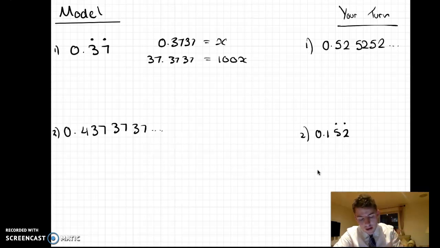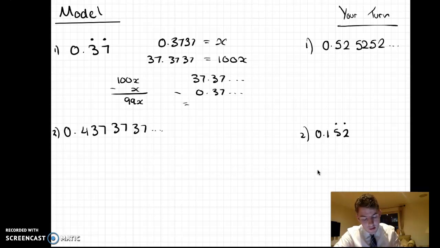Take them away, so 100x take away x is 99x, and then 37.37 take away 0.37 equals 37. Therefore, 99x equals 37, x equals 37 over 99.